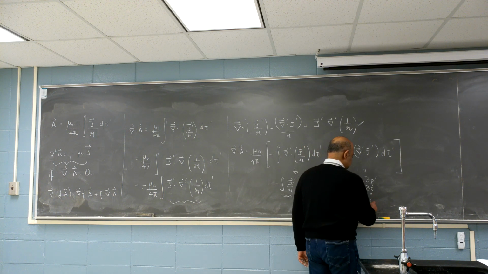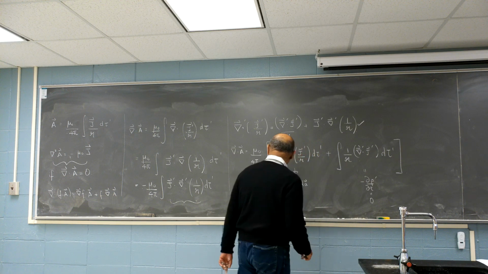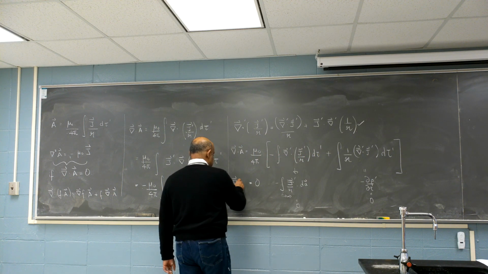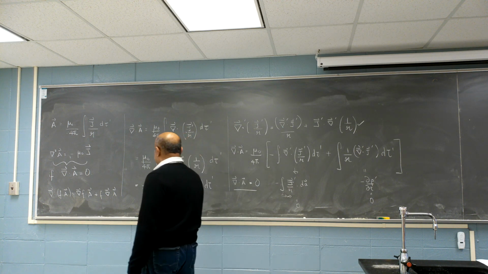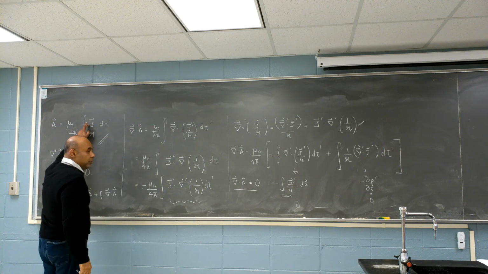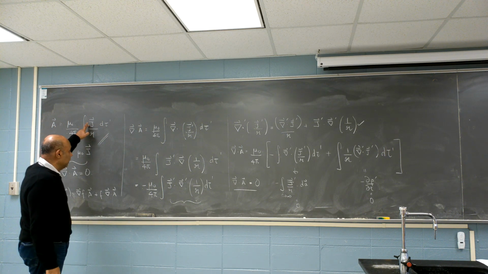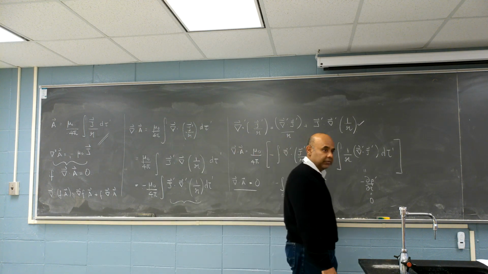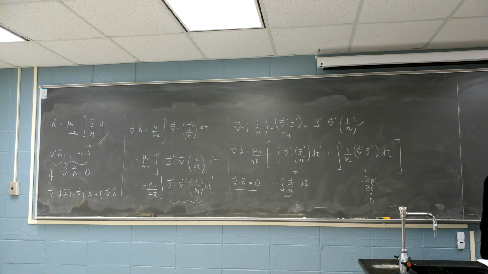And therefore, as expected, this formula, which is valid only if J goes to 0 infinitely far away, is consistent with the fact that A is divergence free. I'm convinced.